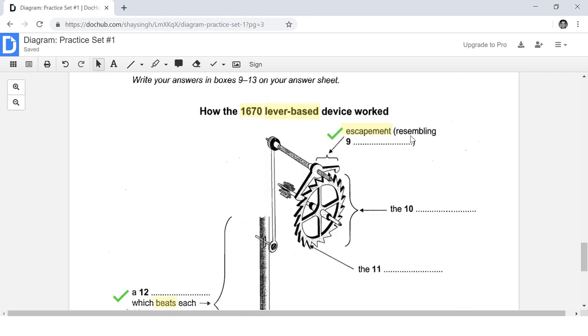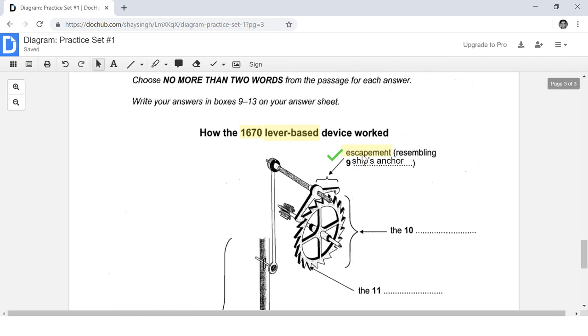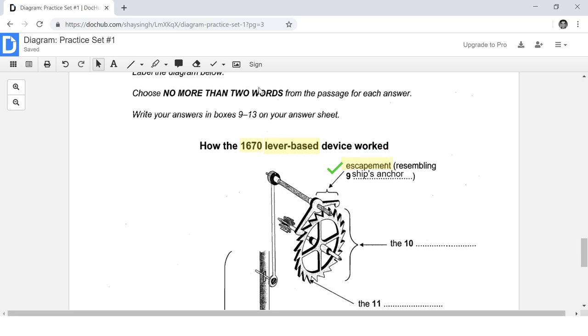So the escapement resembled what? It resembled ship's anchor. You can put ship's anchor or you can also just put anchor. That would also be the correct answer. Here you can have a one-word answer or a two-word answer. So anchor or ship's anchor, both of those are correct answers.